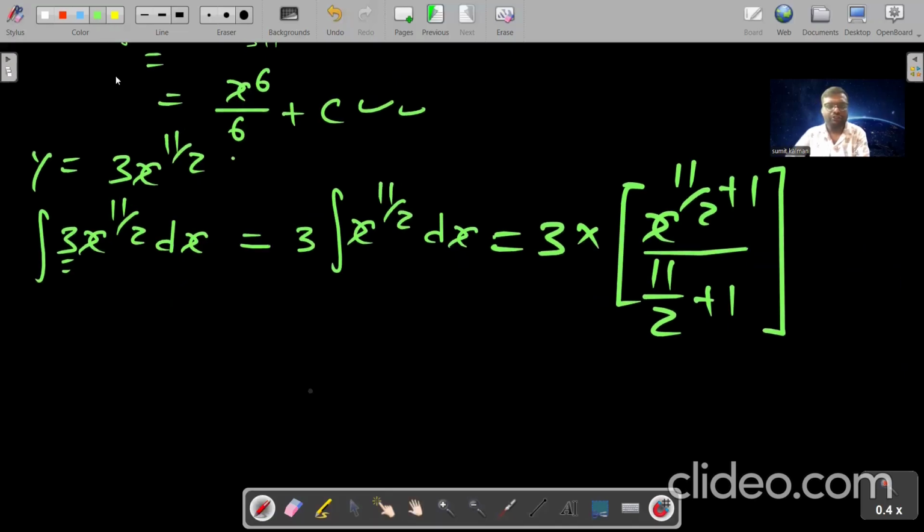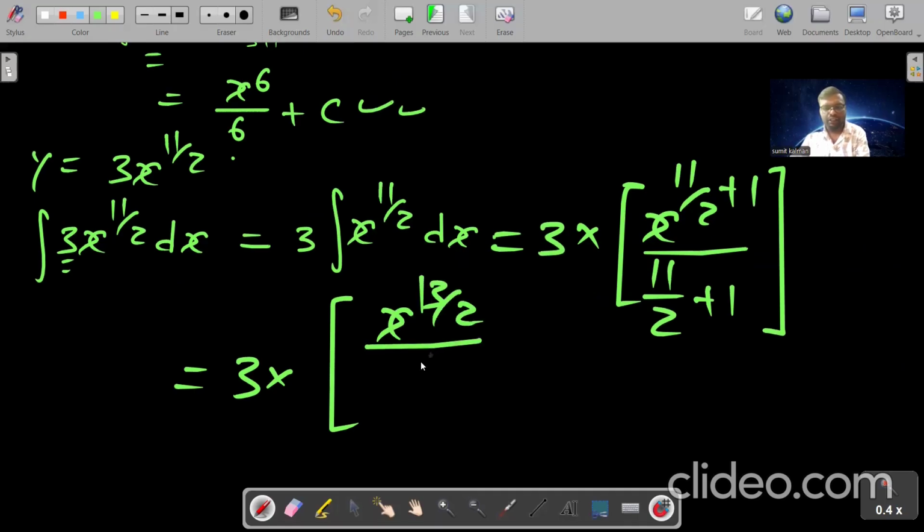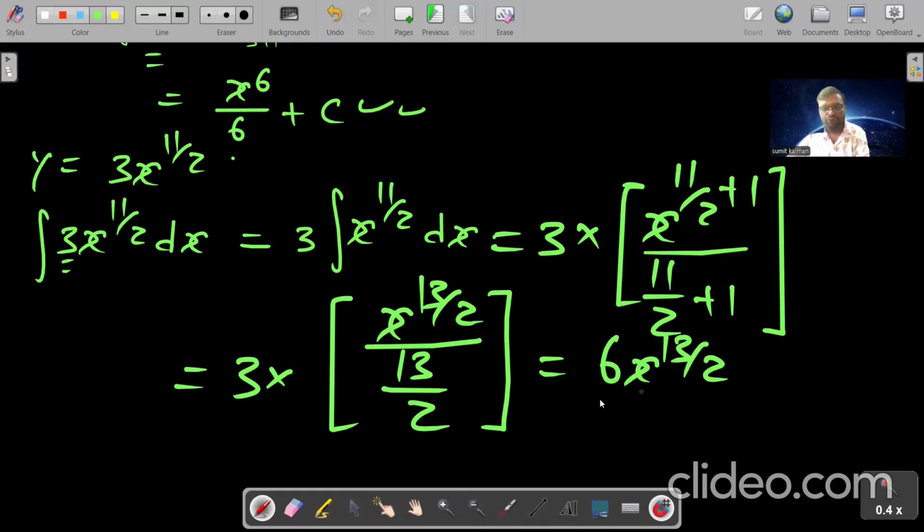If you evaluate this, 11 by 2 plus 1 is 13 by 2, so x to the power 13 by 2, and in the denominator also 13 by 2. If you simplify this, it will come out to be 6x to the power 13 by 2 upon 13. So students, in this way you have to evaluate your integrals.